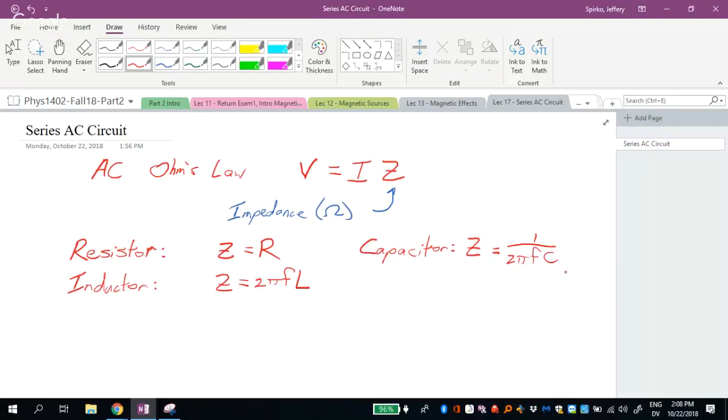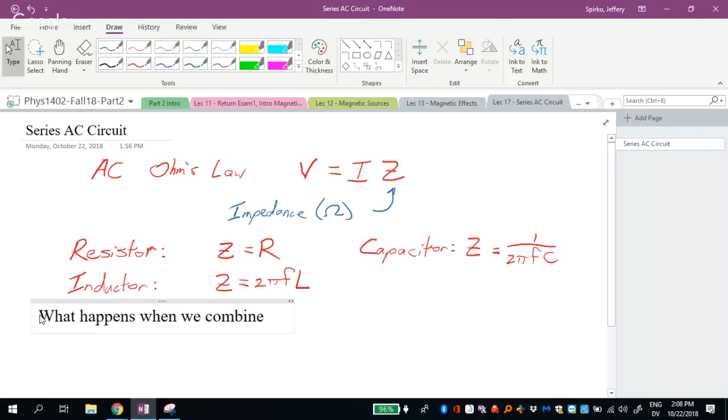So this is all about the resistor, the capacitor, or the inductor, one at a time. What we want to know is what happens when we combine these things in a circuit.